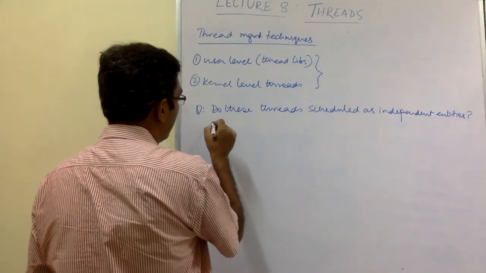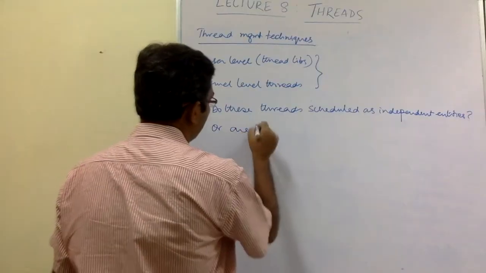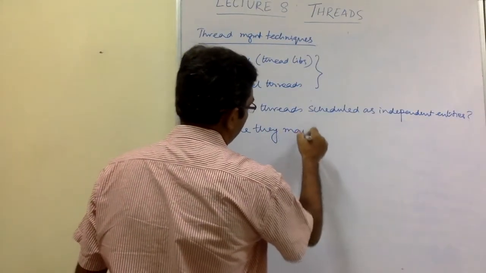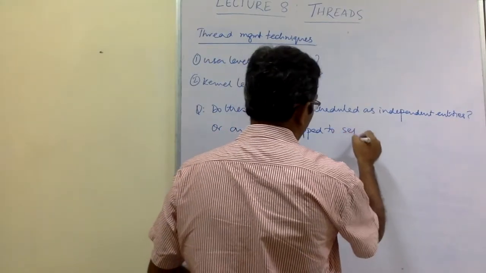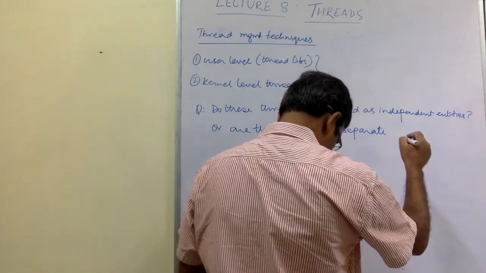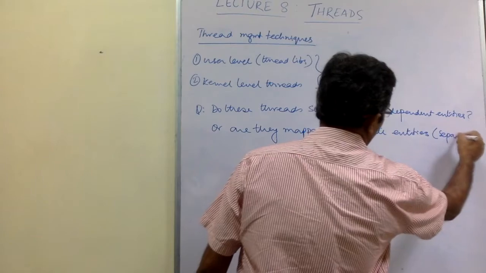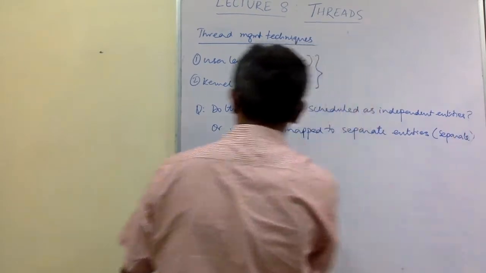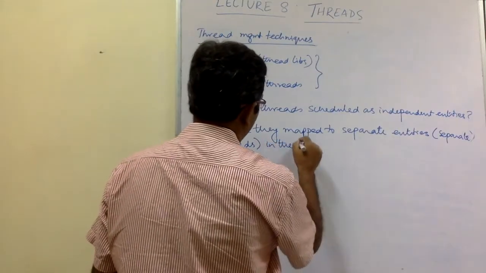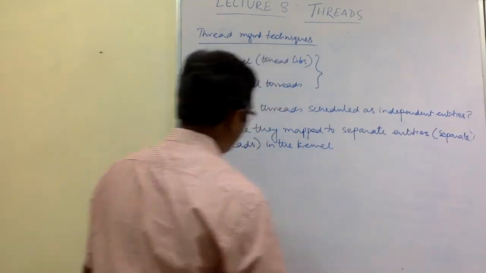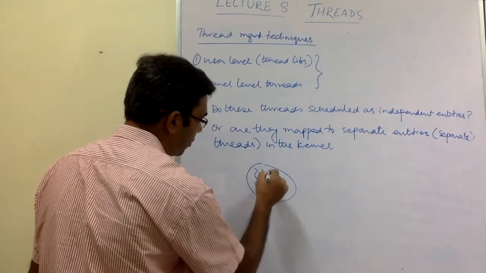Or you can reframe it this way: do they map to separate entities, that is, separate threads in the kernel? So you see, now we have a problem. A user level process has created a certain number of threads.